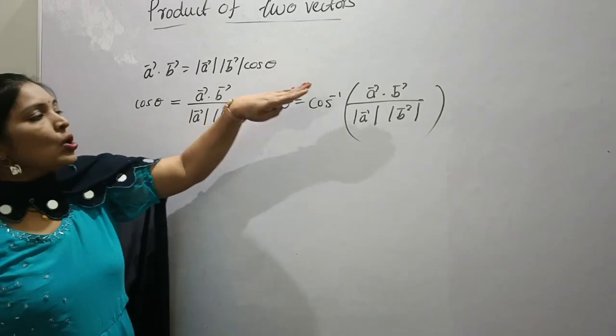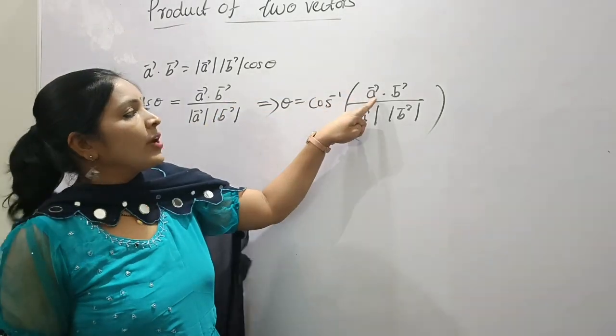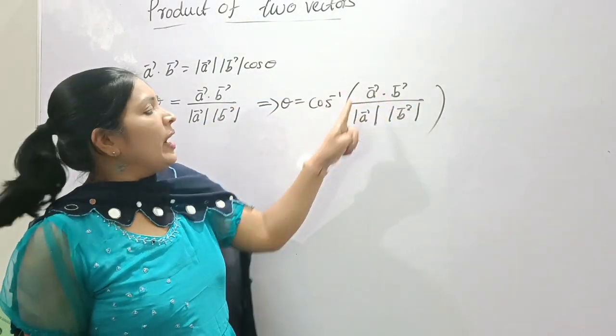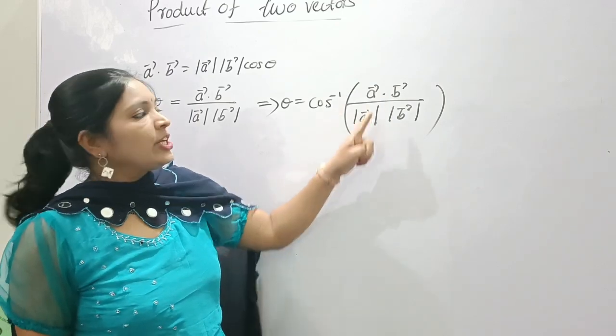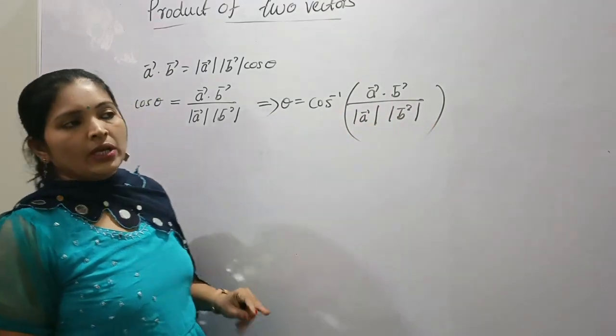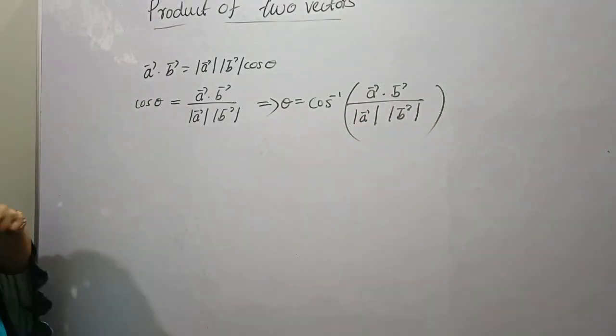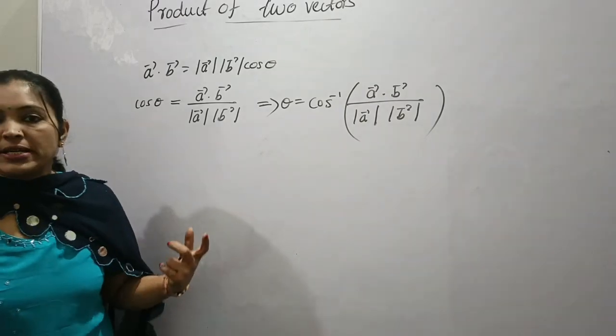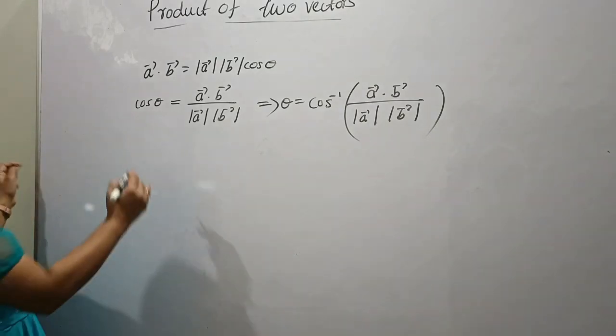Theta is equal to cos inverse of vector A dot vector B divided by modulus of vector A into modulus of vector B. Now here let's see what is the angle between two vectors in component form.